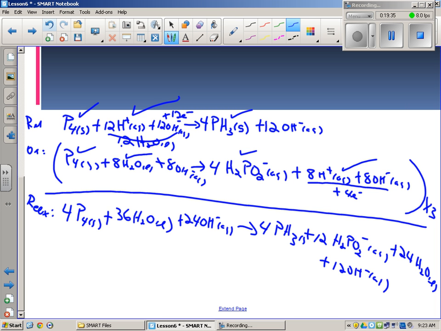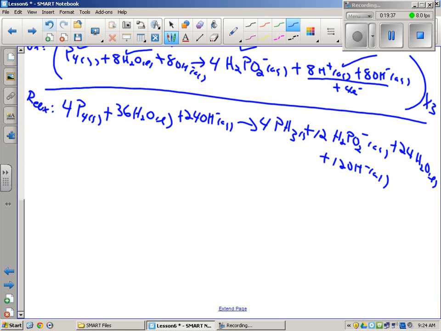Okay. And then last step here, of course, like I said, these get quite lengthy. You're going to have to start canceling out some stuff that I didn't want to do last time because I was going to get confused. So once again, my final equation here should be 4 P4 solids, 36 waters here, 24 there, so that's a net of 12 waters.